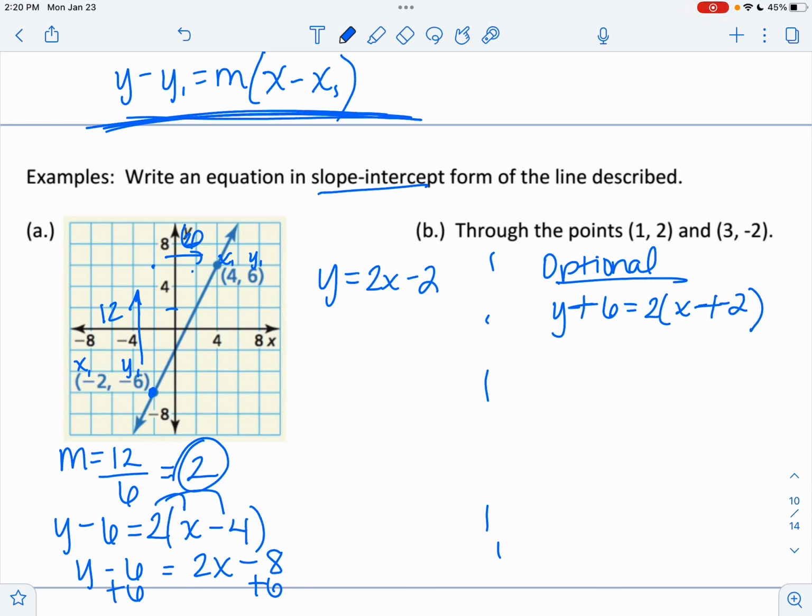So these become pluses. So I have y plus 6 is equal to 2x plus 4, and then subtract 6. So you end up with the same equation of a line, even though you plugged in a different point. Okay. So just choose one of these points. You do not need to calculate it 2 separate times.